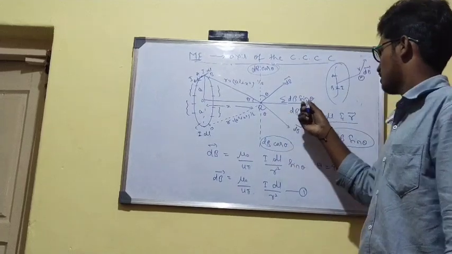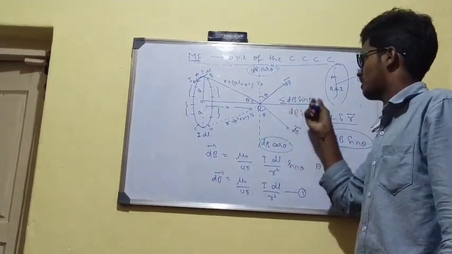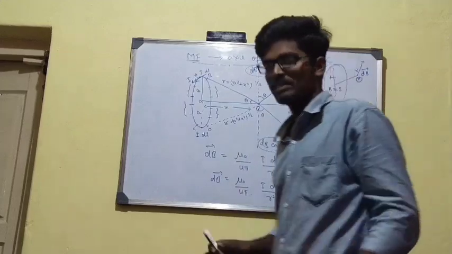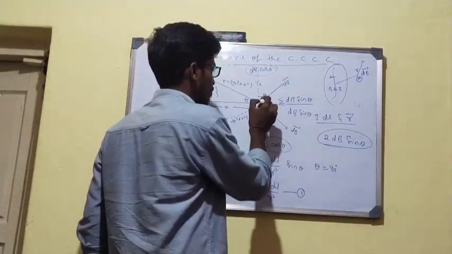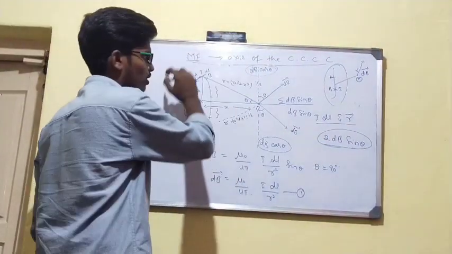Since it is in the same direction, the summation of dB sin theta will give the resultant magnetic field at point P because of the entire circular coil.